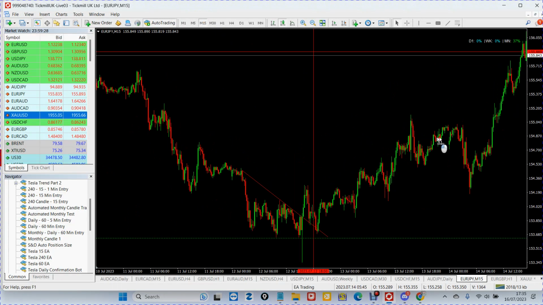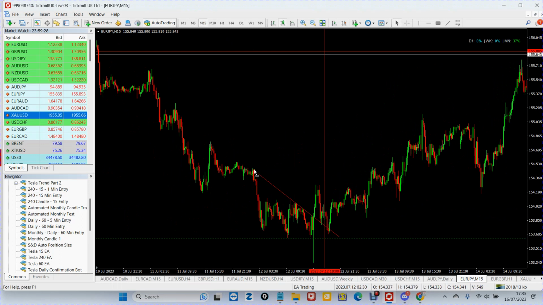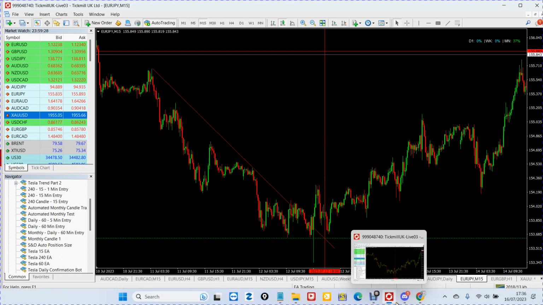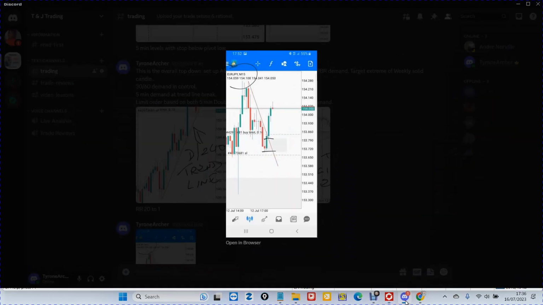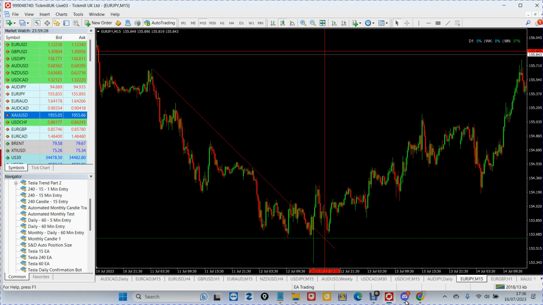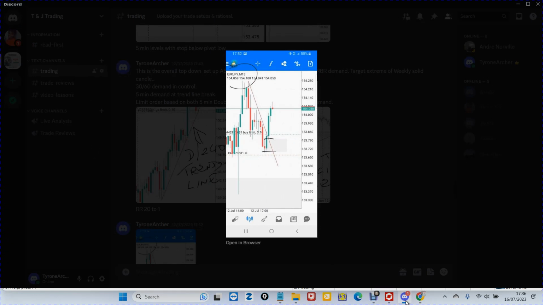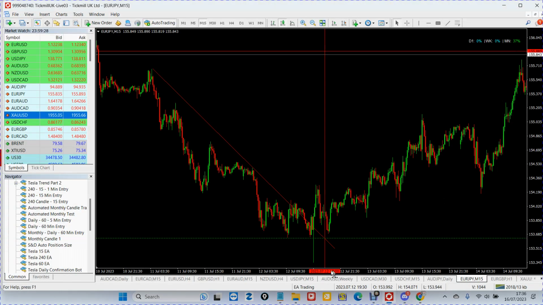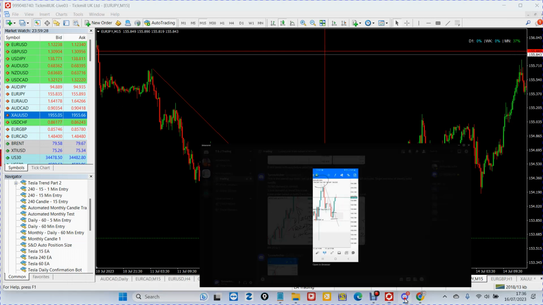So if I go to 15, that might show it in a bit more detail. Maybe all this area. For July 1700. Yeah, so that must have been that move down here that I was looking at.